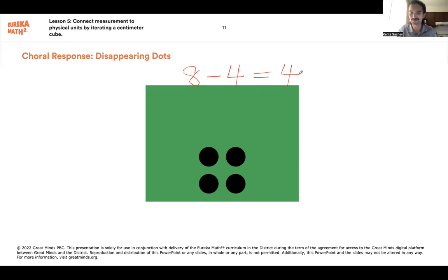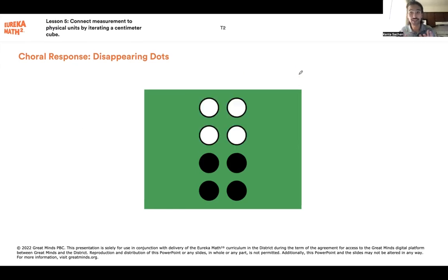Good work. Okay, so we're going to start with 8 again. And some of these are going to disappear in 3, 2, 1. How many disappeared? Very good. Now, can I get a volunteer to say a subtraction sentence?